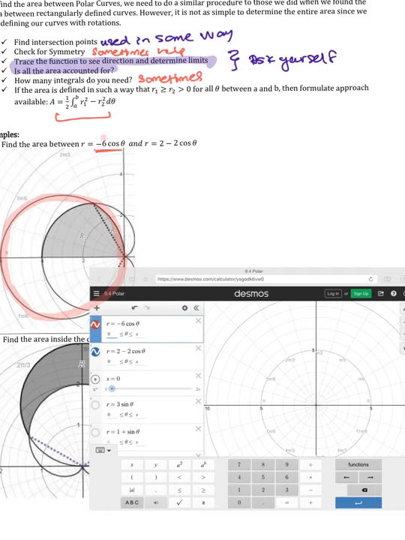That's our circle, so that's this function. And then that leaves us with r equals 2 minus 2 cosine of theta being this function. So what we're being asked to do is to find the area between those two curves.